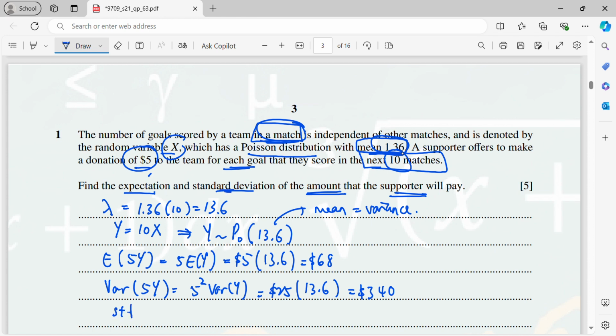The standard deviation of 5Y is going to be the square root of 340. Then we end up with 18.4 to 3 significant figures. So that is the solution for question number 1.